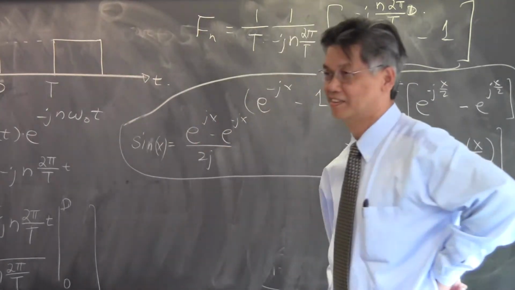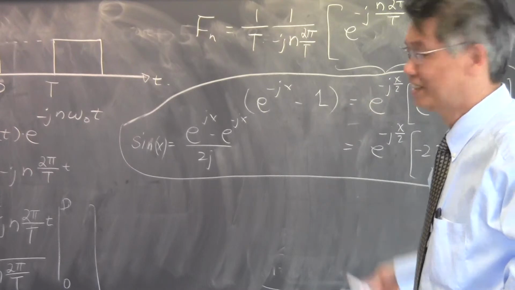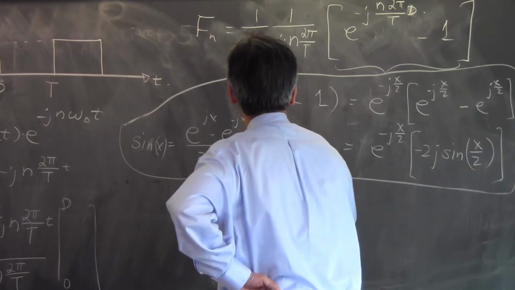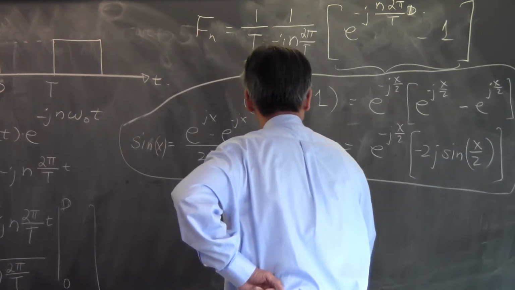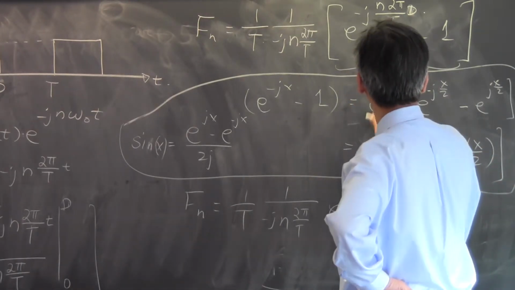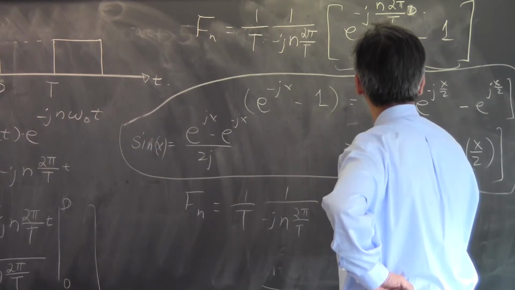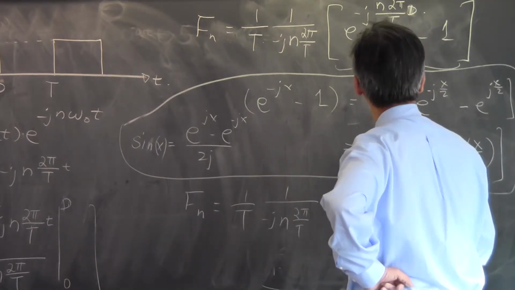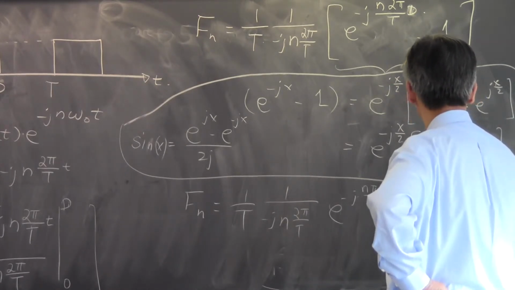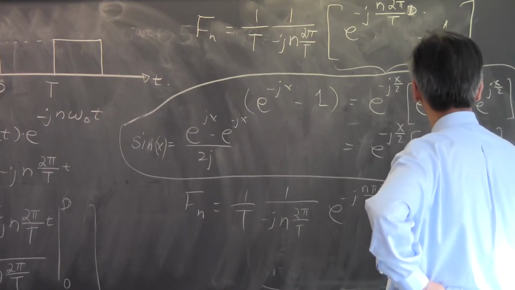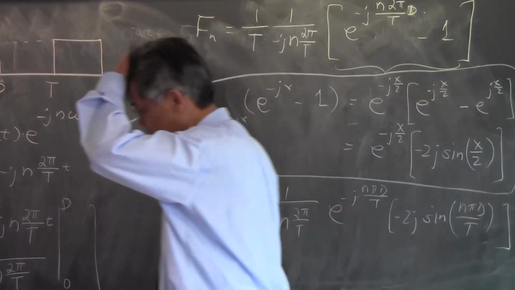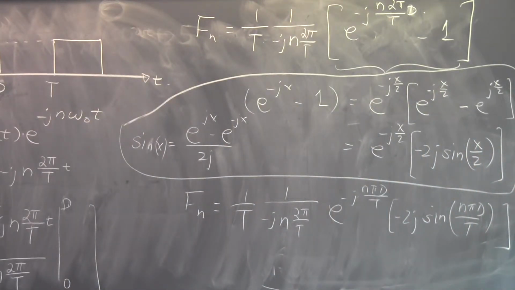If I apply this identity to collect all the garbage into something that looks graceful, then f sub n is equal to 1 over T, 1 over minus j n 2 pi over capital T. And then using this identity, I will have e to the minus j n pi D over capital T, and then I get minus 2j sine of n pi D over capital T. So I have something that is expressible in terms of a sine function.